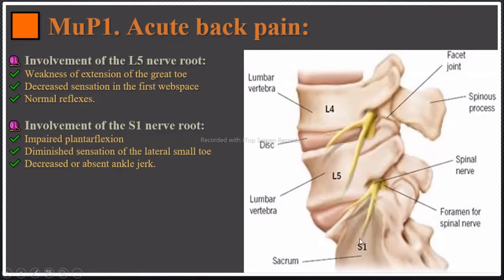And here L5 S1, it means S1. You have two levels, L4 L5 and L5 S1. This one will affect L5, this one will affect S1. This one big toe motor, and web space sensory. And what about reflexes here? Normal reflexes. And here decreased or absent ankle jerk. And the small toe. Okay, remember.